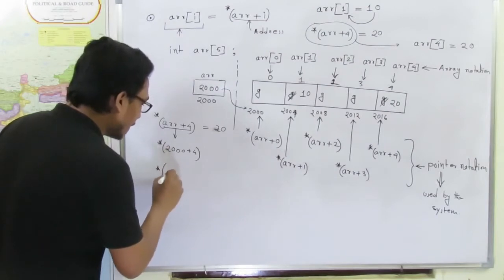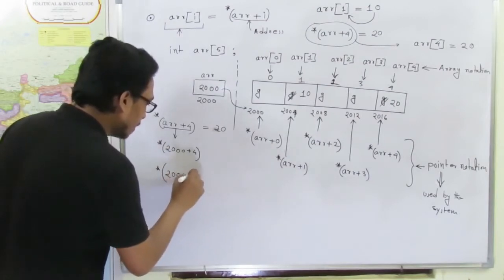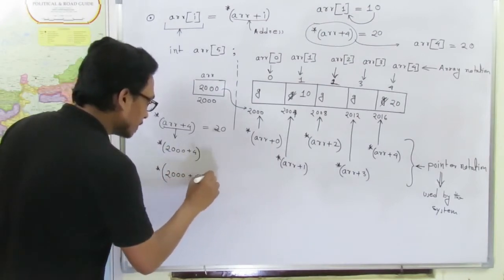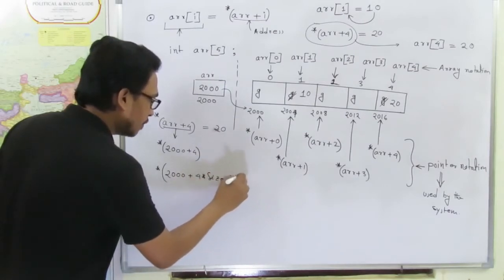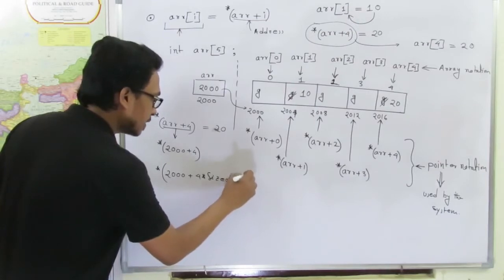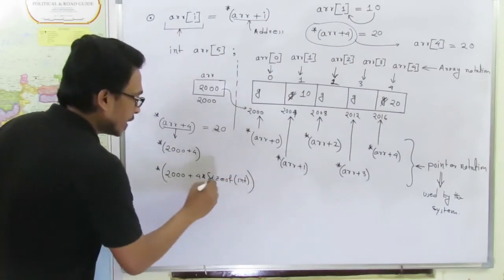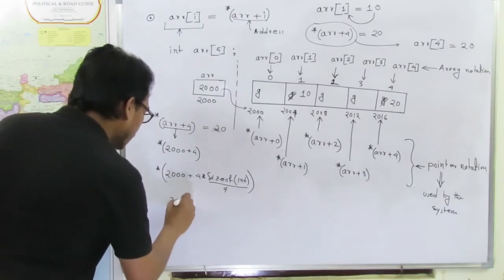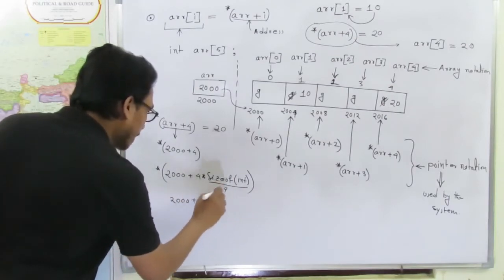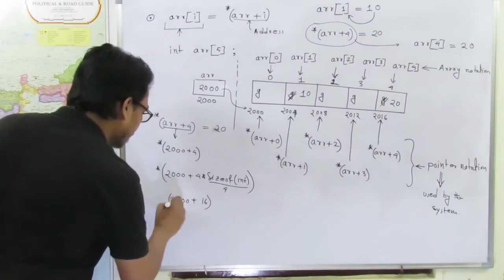To perform it, the system multiplies the size of the data type with the integer value. Here the data is integer, so the size is 4. We get 2000 plus 4 multiplied by 4, that means 16.